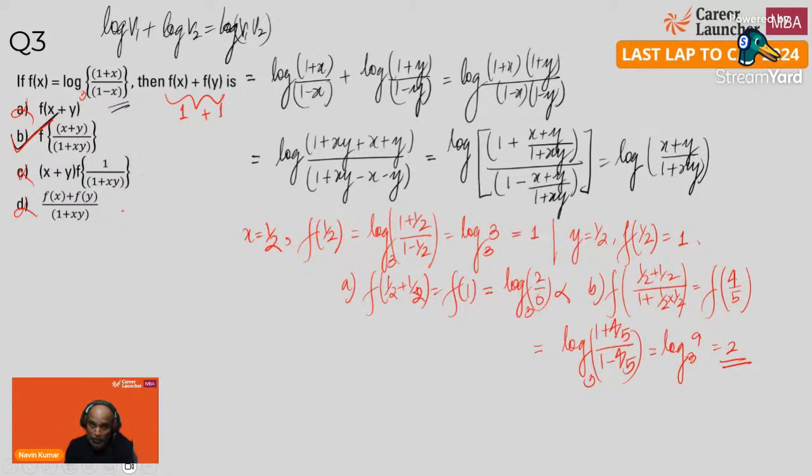Now, the first approach was doable only because I was looking at the options and I was trying to somehow figure out, can I get f of (x plus y) upon (1 plus xy). So I had to pay a little attention again and again. So I can see here that if I divide throughout by 1 plus xy, this becomes 1 in both numerator and denominator.